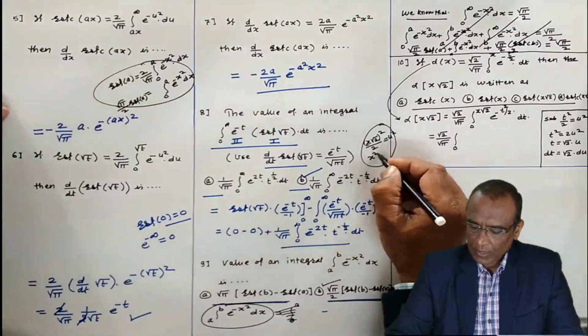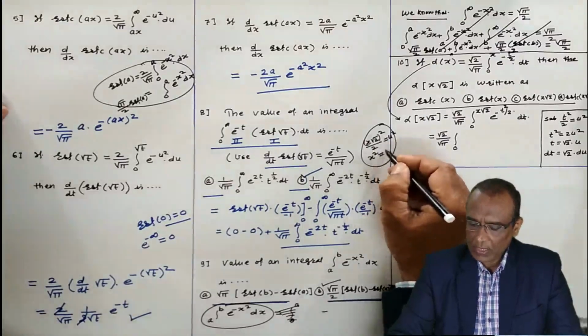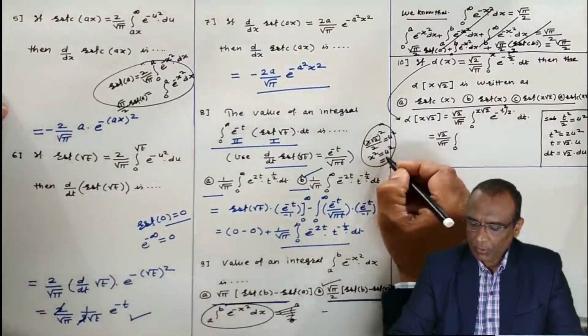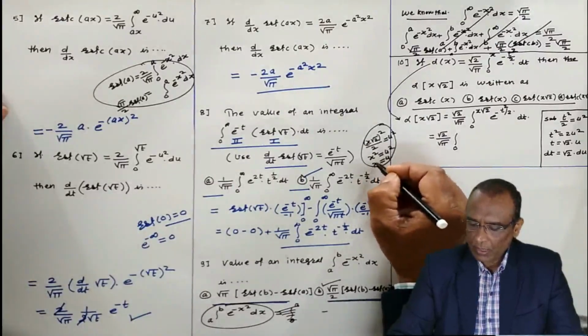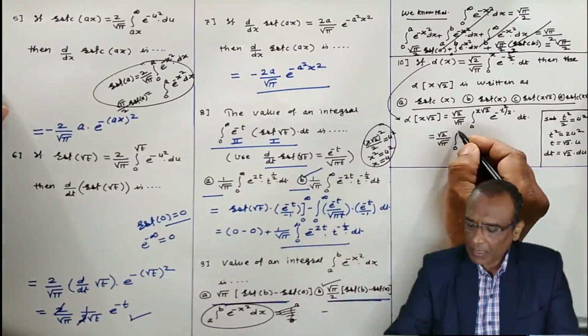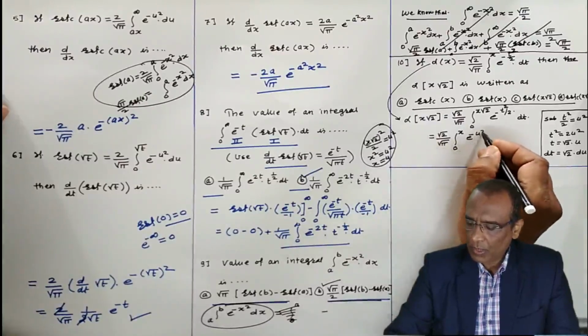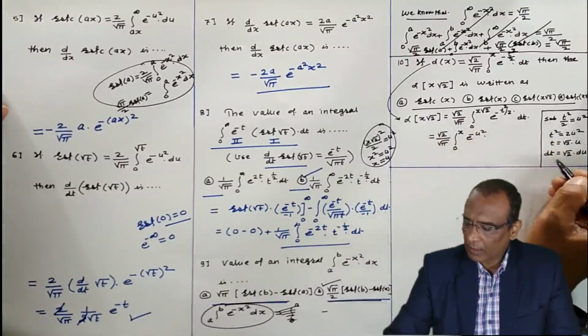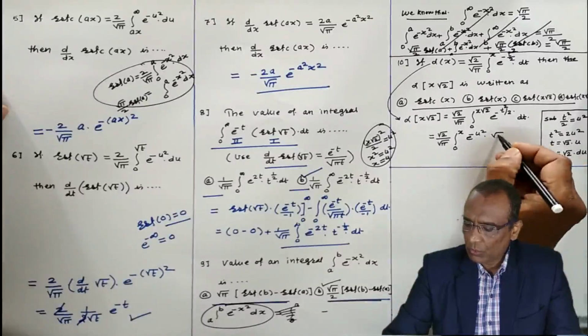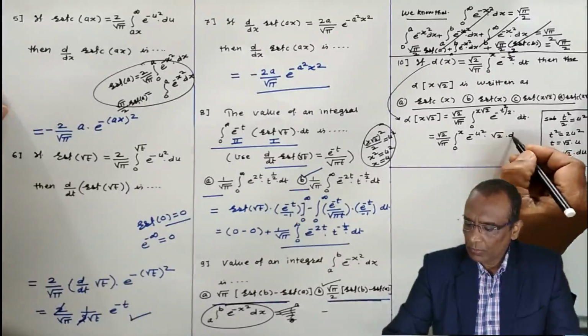Now this 2 gets cancelled, x square is equal to u square. Therefore u is equal to x. Here I am writing x, e to the power minus u square dt. dt is root 2 du.